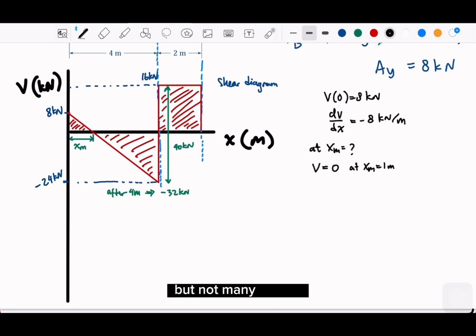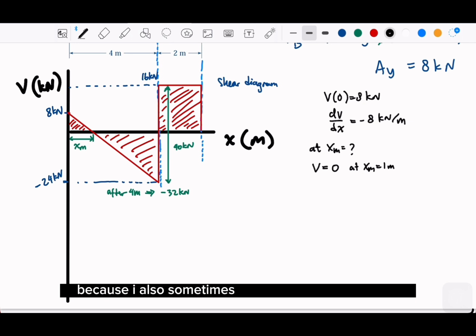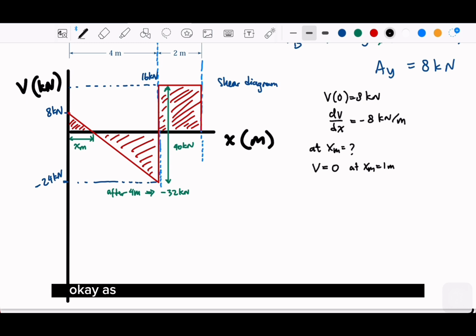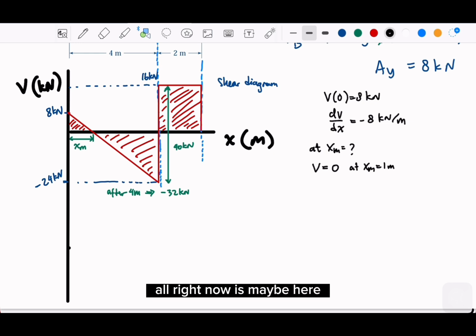But not many people, when they look at the formula, understand it. I also sometimes forget some parts, but I know how to explain, so I would look at the notes, and I think that's still okay, as long as we still understand. All right, now maybe here.